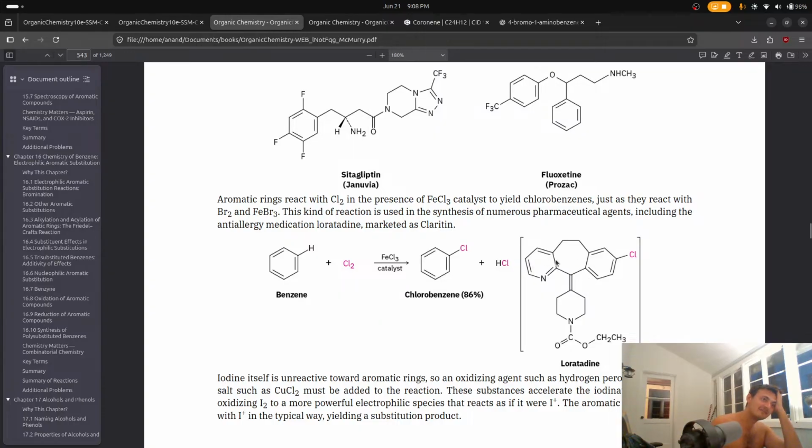Kind of looks like an elephant. Okay, so this also works with Cl2 and FeCl3. Cool.